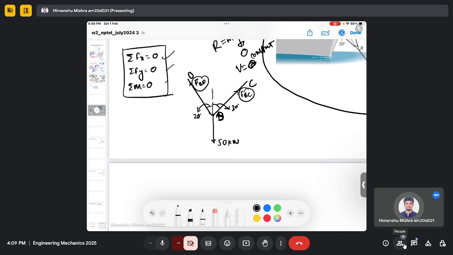If I use equation 1 first, in which I do the summation of force in the horizontal direction and equate it to 0, then I don't need to consider the 50 kilonewton force.